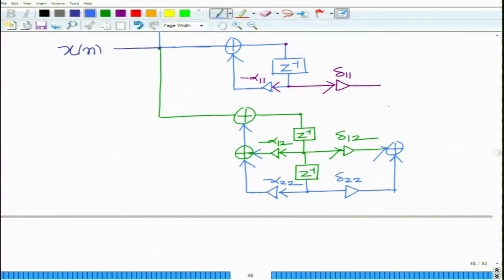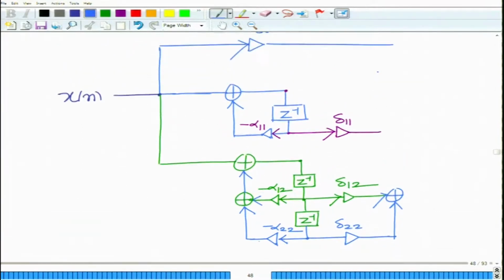Now you can see all these three outputs can be added together to yield the final output.